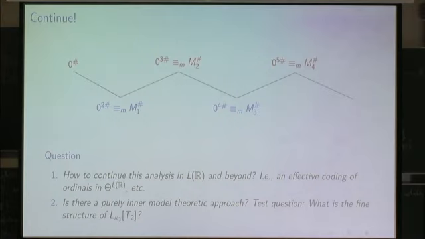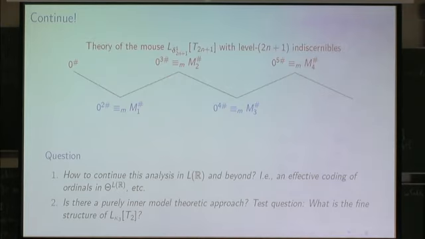And from this, we can prove the level 3 sharp as an EM blueprint. So the red colors are the theory of the mouse with higher level indiscernibles. They turn out to be effectively equivalent to mice with an even number of Woodin cardinals.